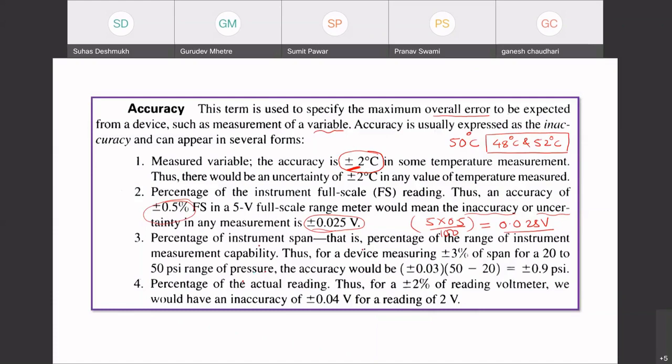Percentage of span: 3% of its span will be something like 19.1 psi, 20 psi.